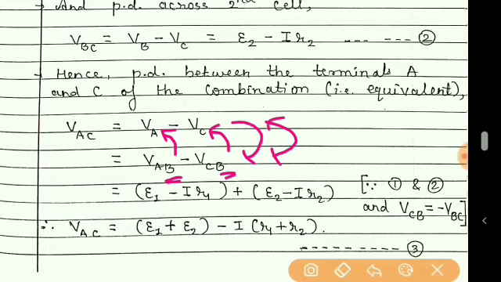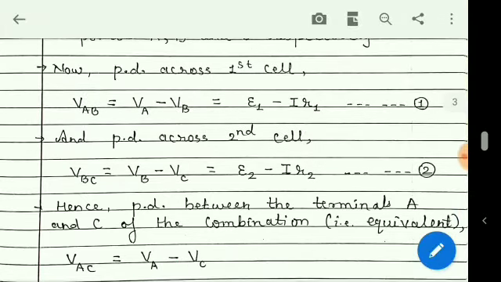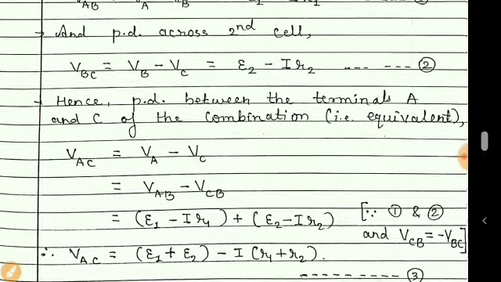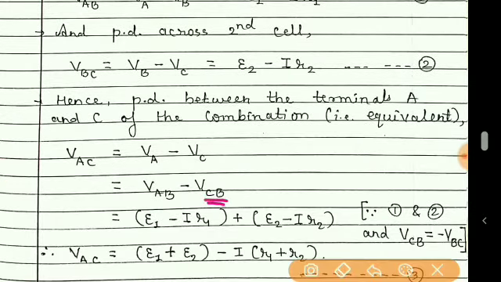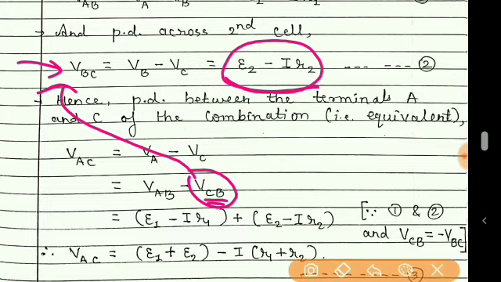Now what is VAB? From equation number 1, VAB is this, and we don't have VCB, we have VBC. But if we write VCB in place of VBC, then the sign will change. Positive will become negative and negative will become positive.